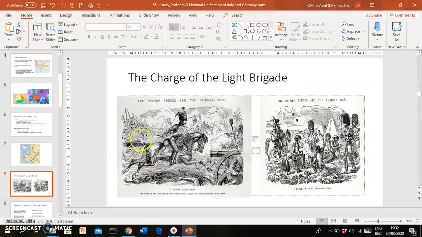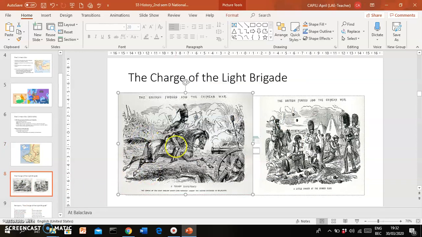An aspect of the war was captured by Alfred Lord Tennyson in his poem "The Charge of the Light Brigade." If you ever do literature in English, maybe at university, you might come across this poem. It's a classic.